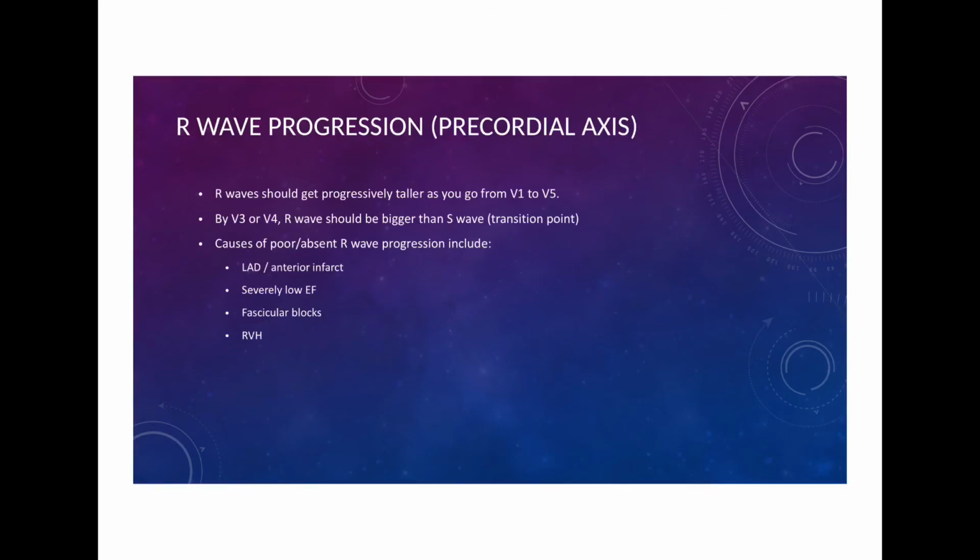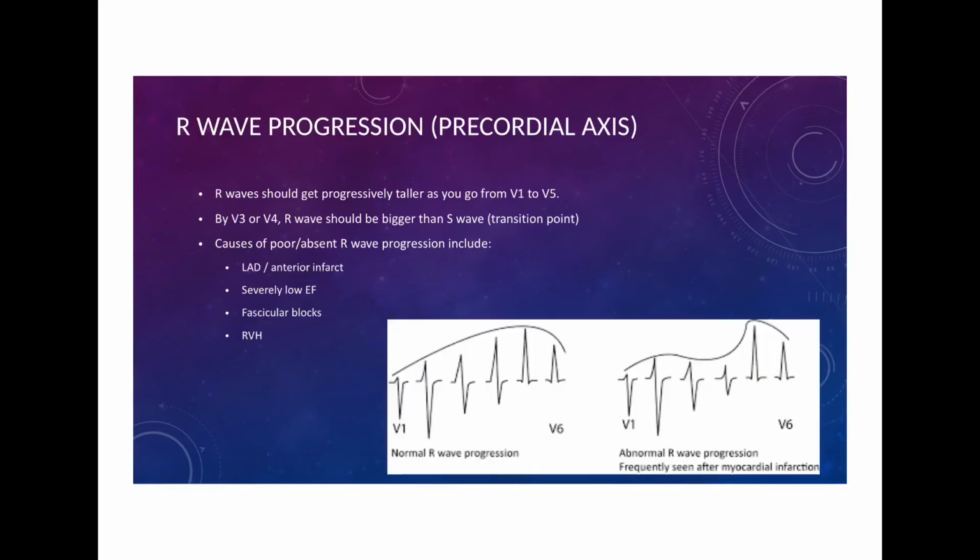Somewhat related to the axis is the R wave progression. And the concept of this is that the R waves should get taller as you go from V1 through V6, as you see here in this diagram. And that's because the bulk of the heart is actually in the left side, which is overlying the area where V4, V5 are located.